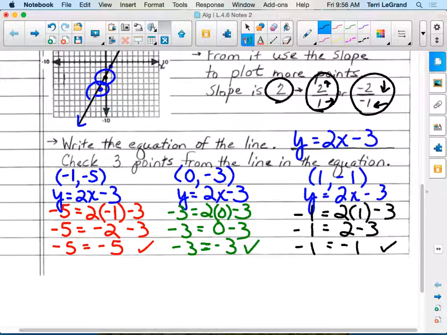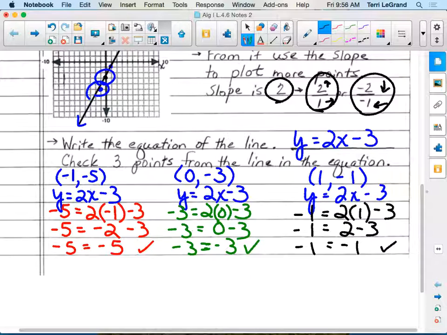So I'm not going to make you do this in your homework, but I do want you to understand that, especially if you're taking an assessment, if you want to help yourself decide if you have a good equation or not, then the points from your line that you graphed should check out in your equation. They should make the equation true. If they do not, then you don't have the right equation.